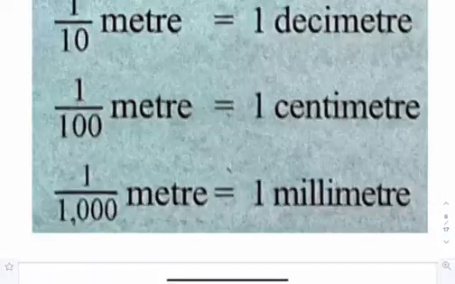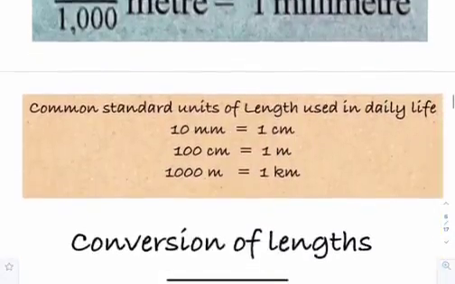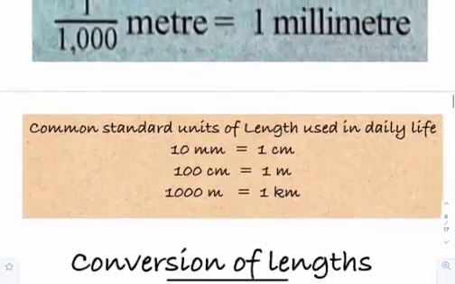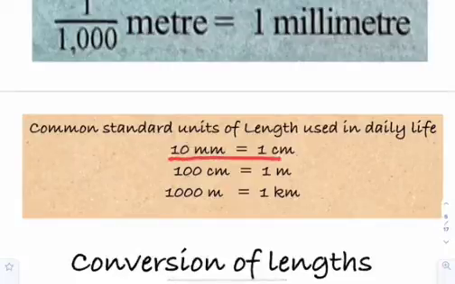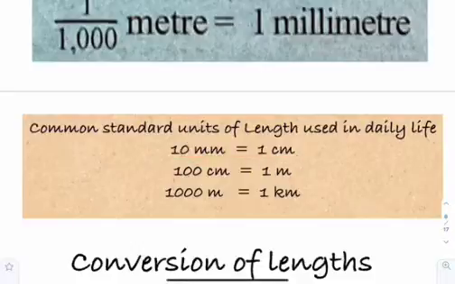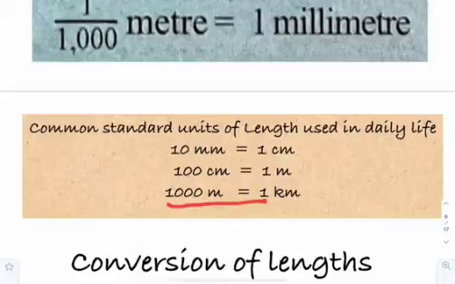Now after looking at all this, there are a few common standard units of length which we use in daily life, like millimeter, centimeter, meter and kilometer. Now what is the relationship between them? 10 millimeter is equal to 1 centimeter. 100 centimeter is equal to 1 meter. 1000 meters is equal to 1 kilometer.